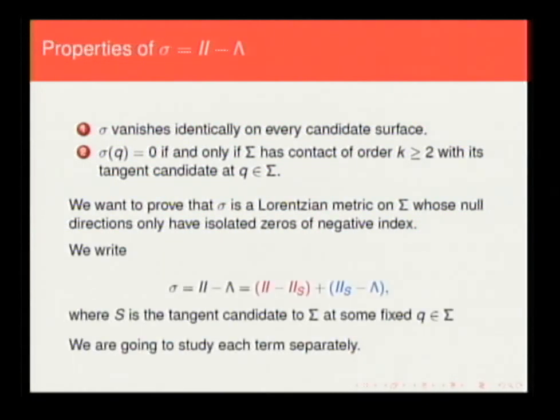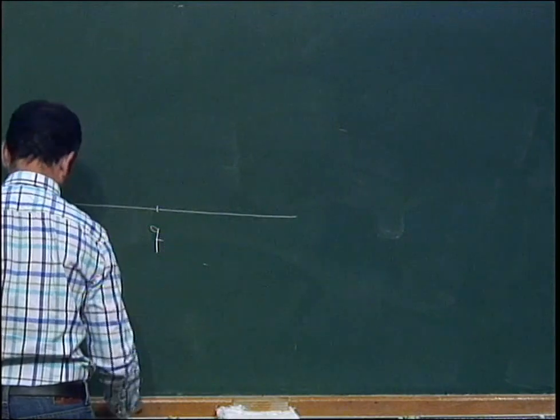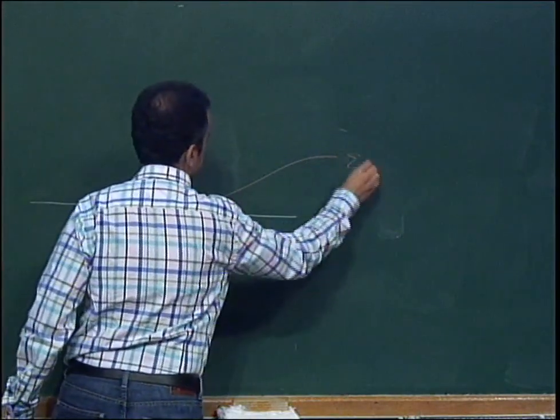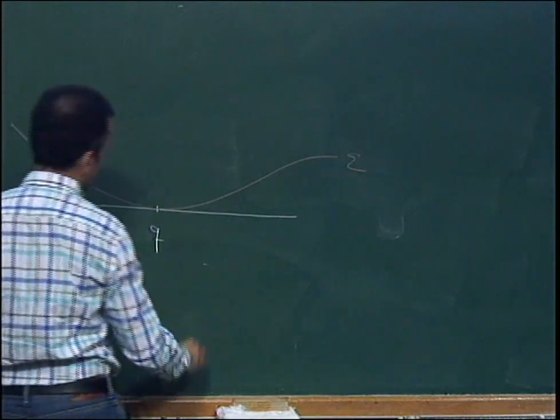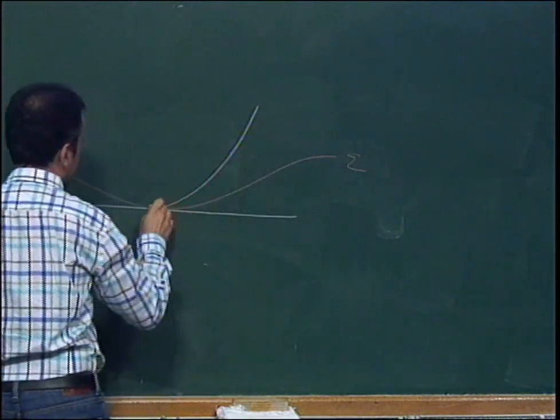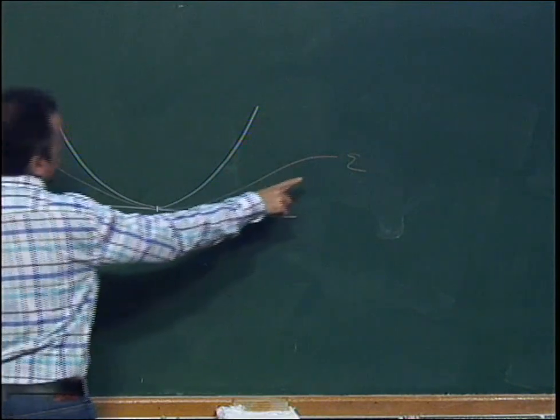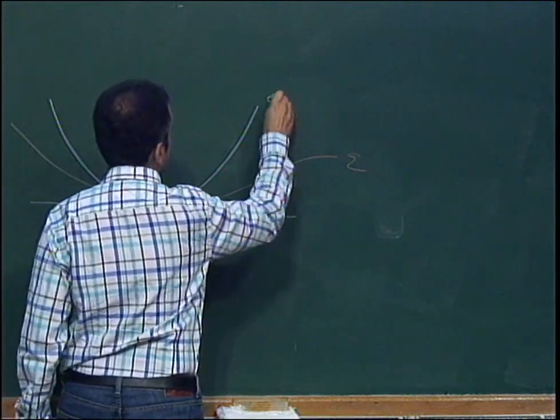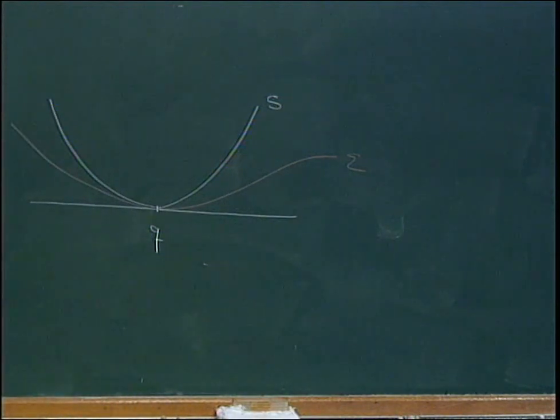In order to understand the proof, we are going to do the following. Consider our surface sigma and consider the candidate surface here at a certain point Q in sigma, S. And now we are going to study the difference between the second fundamental form of sigma and the second fundamental form, minus lambda.